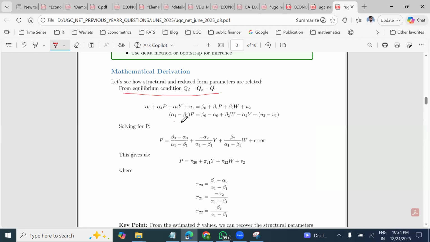If you do that, you can bring P to this side, then take P common, so it will be alpha 1 minus beta 1 times P. Just rearrange, then bring alpha naught to this side, alpha 2 also to the right hand side. So it will be beta naught minus alpha naught plus beta 2 W minus alpha 2 Y. So this is fine. This is how you got this step from here to here.